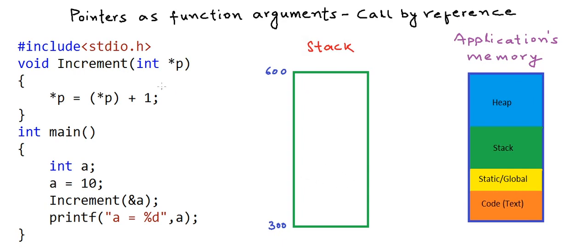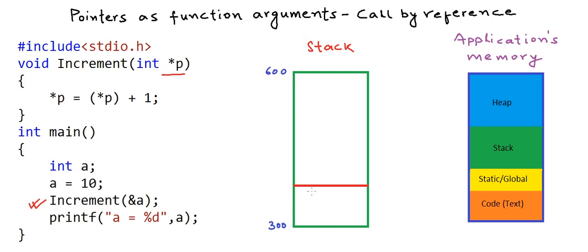Now what we are doing here is that we do not have an argument which is an integer in this function increment. We have an argument which is a pointer to integer, and a pointer to integer, as we know, will store the address of an integer. So now in the increment function we are passing the address of A. When the program starts executing, the main method will be invoked first.